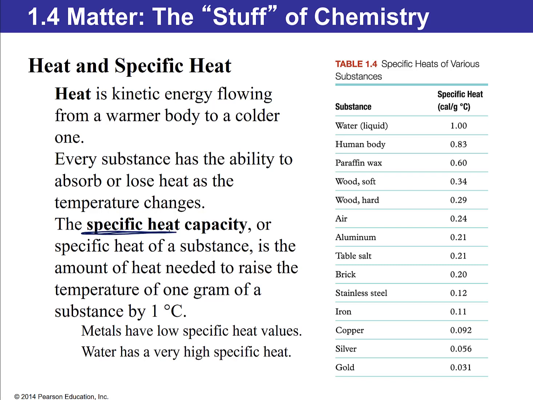Specific heat is the amount of energy a substance can absorb before it changes temperature. And some substances have a very high specific heat and some have a very low specific heat. So a good example, water. Water actually has one of the highest. Water absorbs and releases energy and doesn't change temperature very fast.